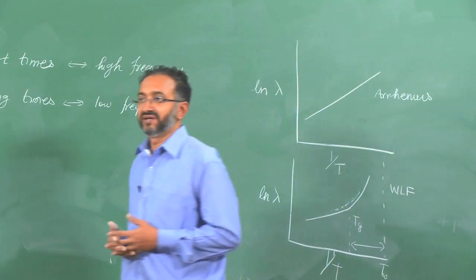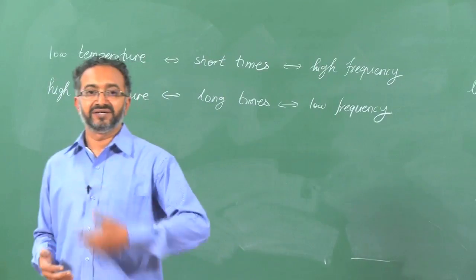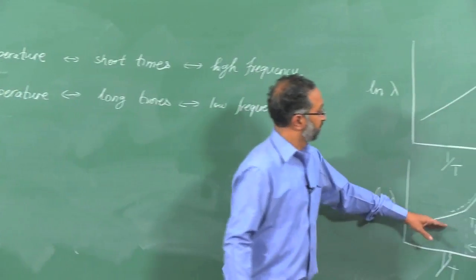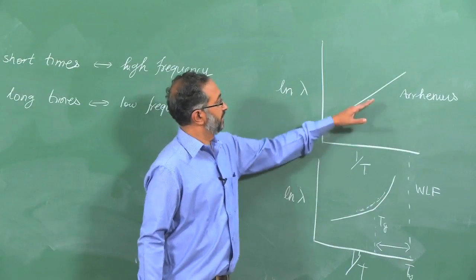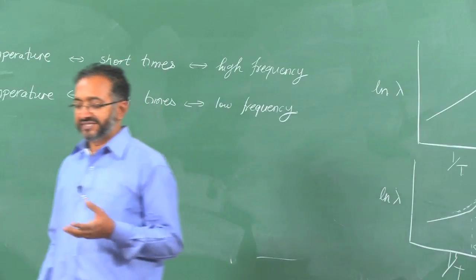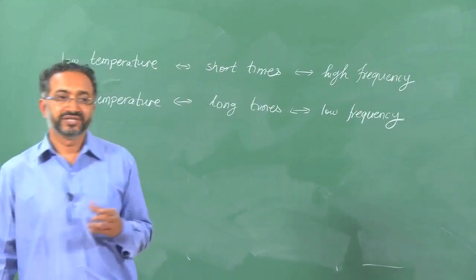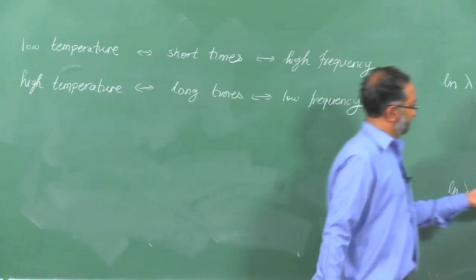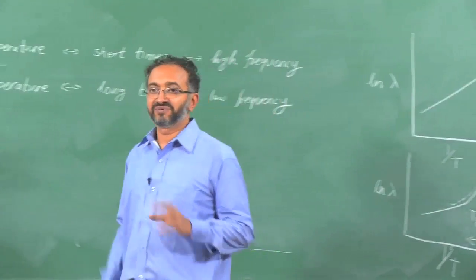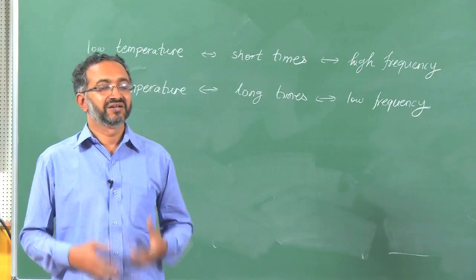In that case you cannot explain it using a simple Arrhenius activated barrier kind of explanation. For example, a relaxation process we said depends on bond rotation, right. In this case it is as if a few sets of bond rotations are responding together, and that is why the word cooperativity is sometimes used to describe relaxation near glass transition.